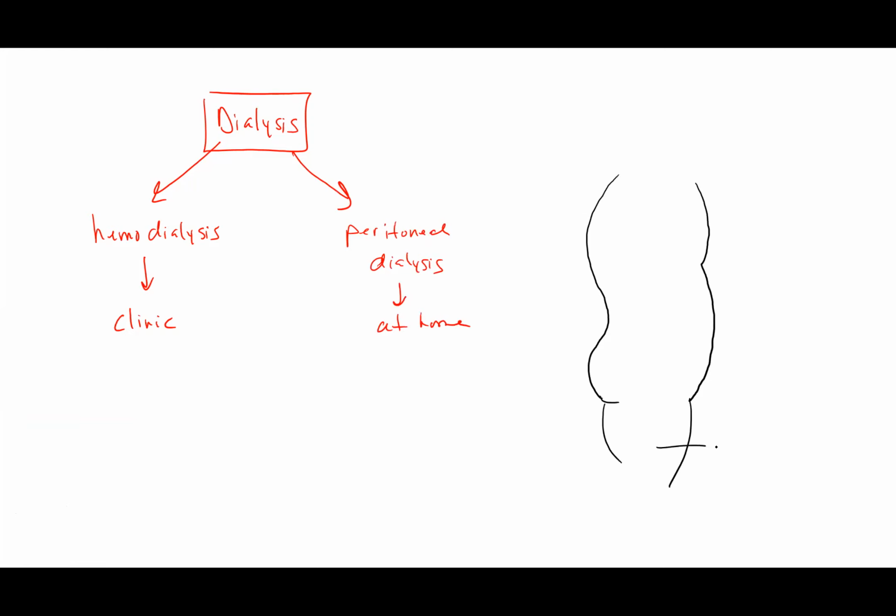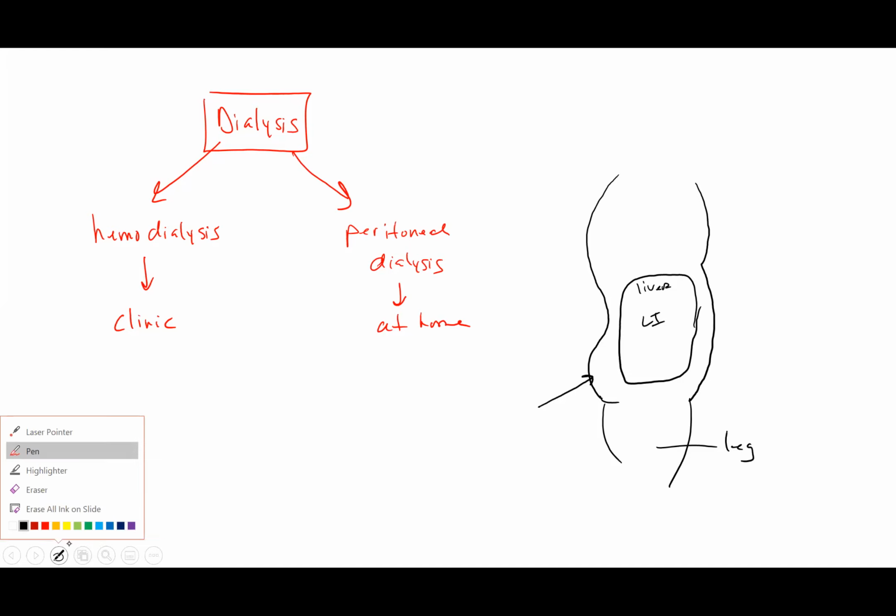There's the leg, there's the bum, and here is the peritoneal cavity. The peritoneal cavity has the liver and the intestines. So for now, we'll just say large intestine. You get the idea. So that's the area where those organs are found, and all of this space is the peritoneal cavity.